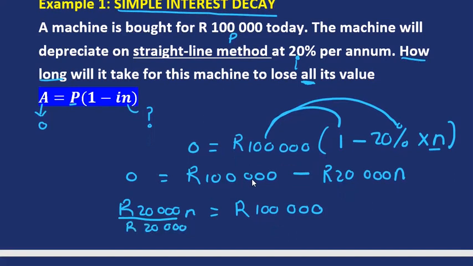So we divide both sides by 20,000. So n will be, we know that 100 divided by 20 will give us 5. So 100,000 divided by 20,000 will also give us 5. So it will take 5 years for the machine to lose all its value.